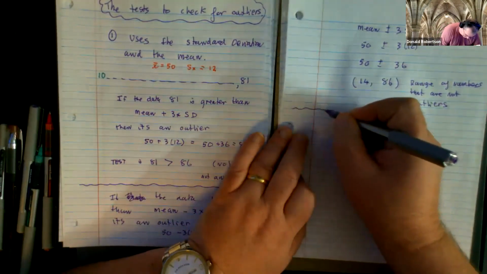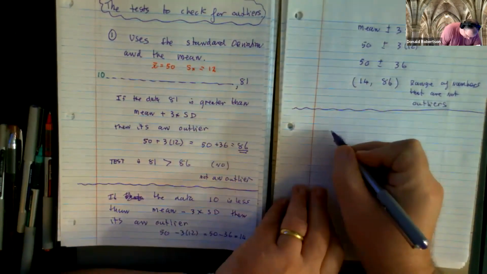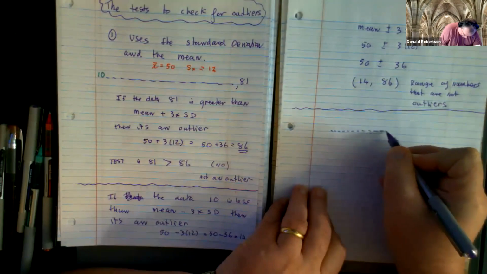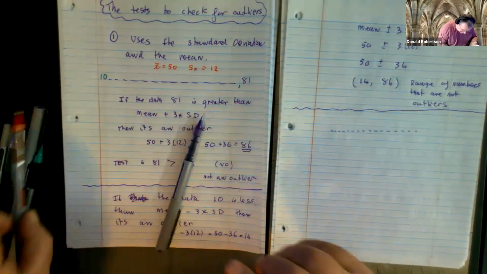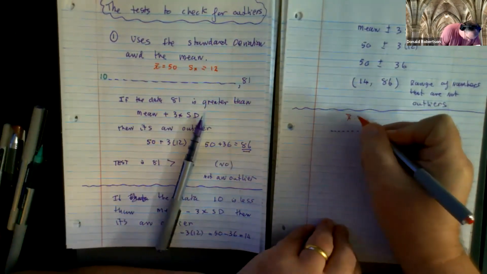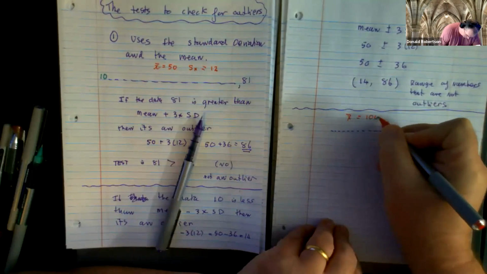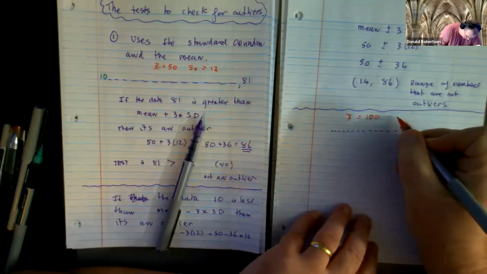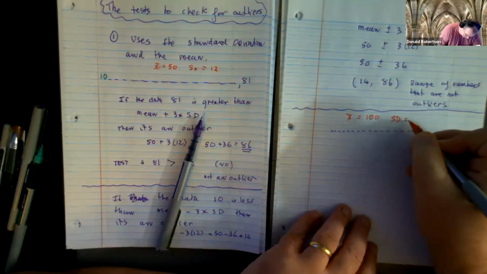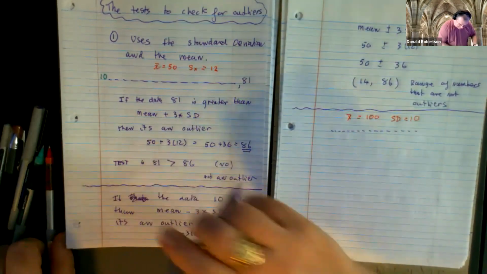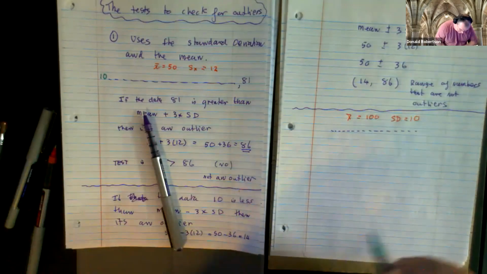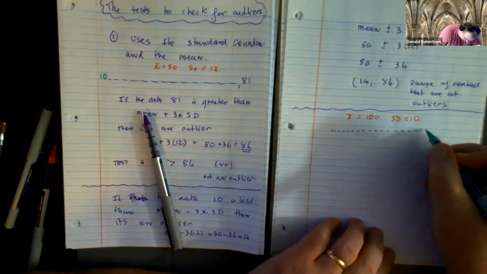So I'll give you a quick question to try out then. Here's a set of data, and I'm going to tell you that its mean is 100 and that its standard deviation is 10. And you're going to do a quick test.